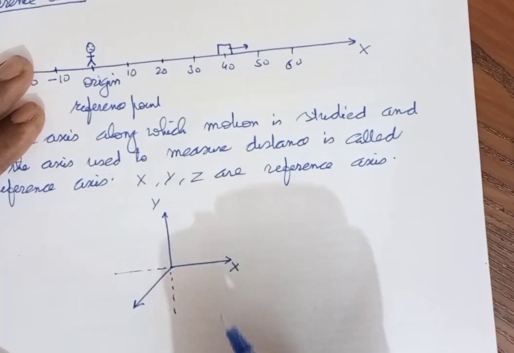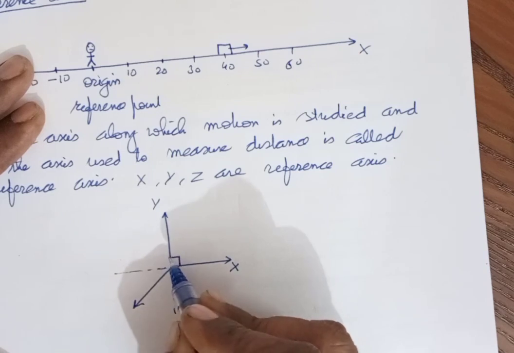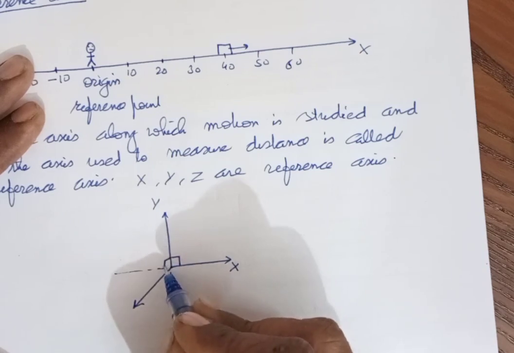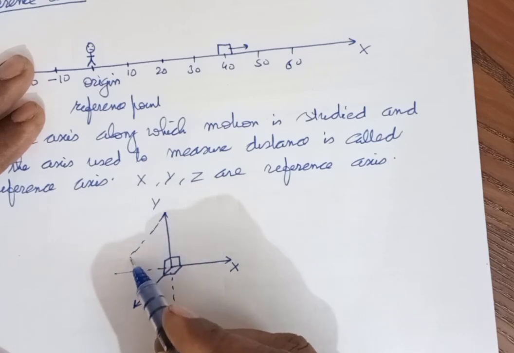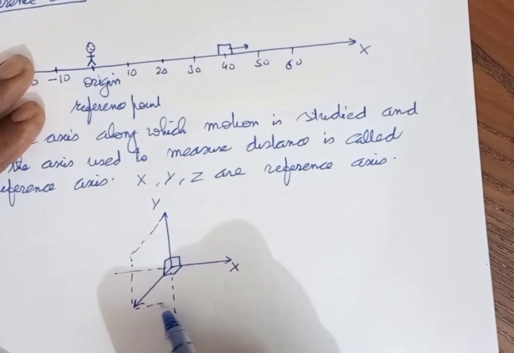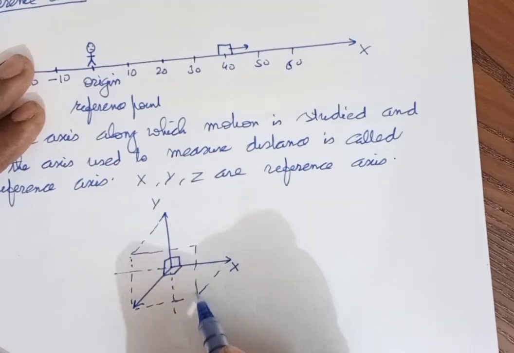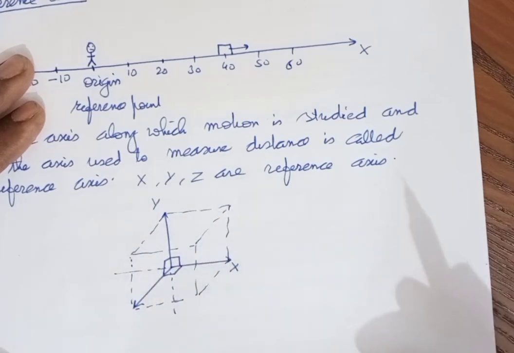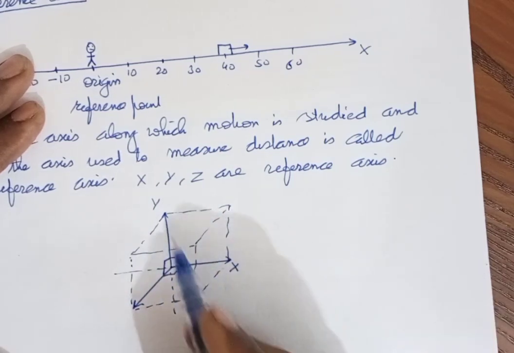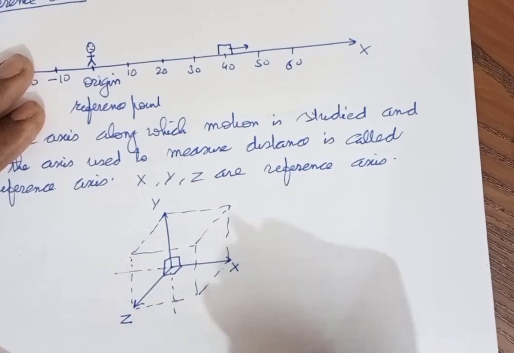But these all three axes are perpendicular to each other. So these three all axes, you can perceive it by making a room that these are perpendicular. So only this is the way to perceive how these axes are. So this is now perpendicular. So it is x axis, y axis and this is z axis.